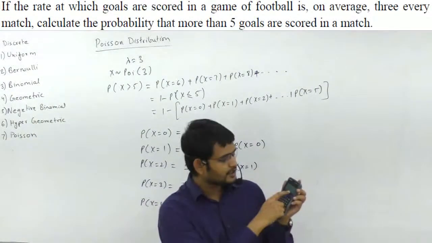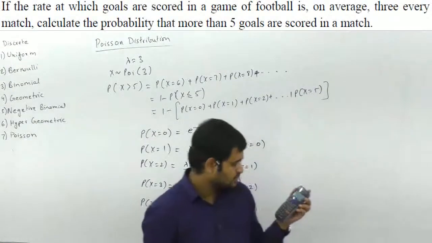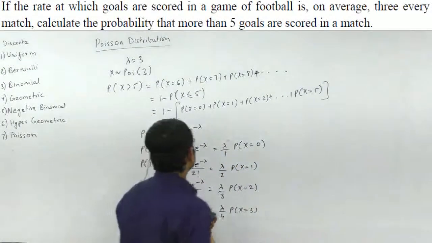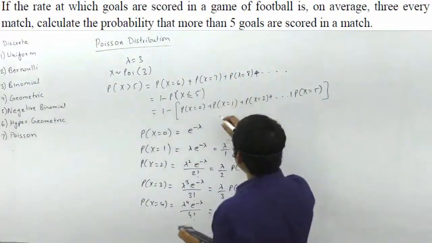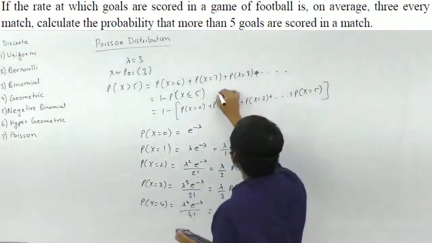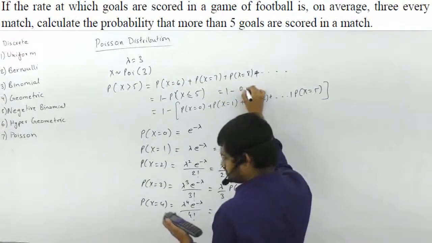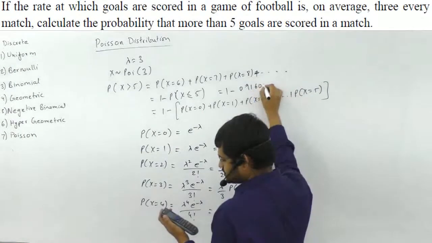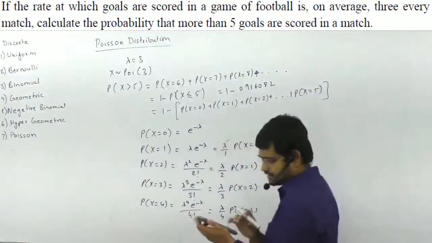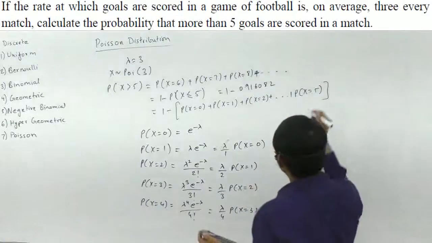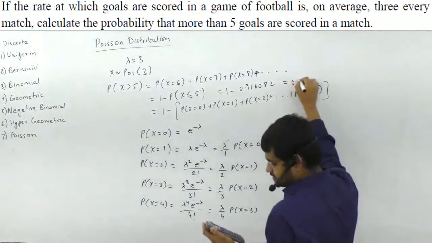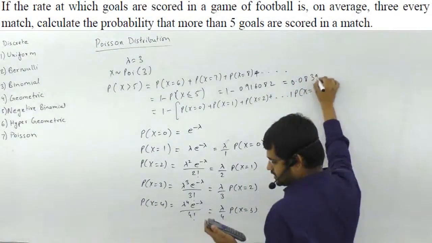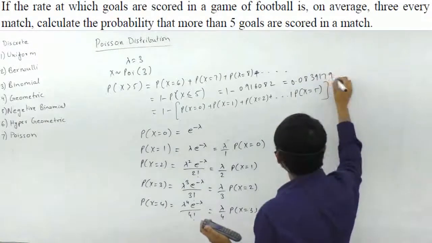So it is 0.916082. So this probability is nothing but 1 minus 0.916082. All I have to do is 1 minus answer and that gives me 0.083917.